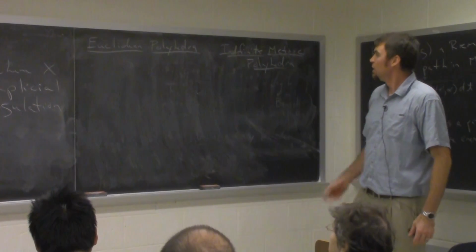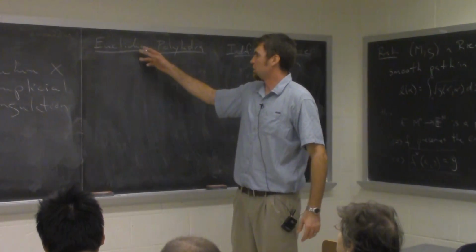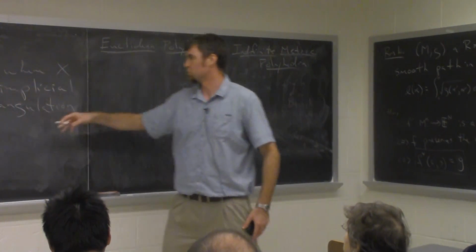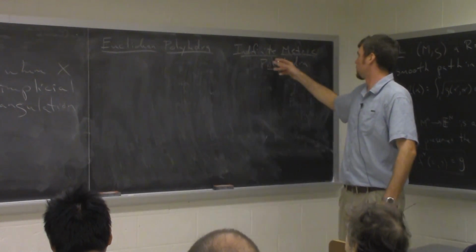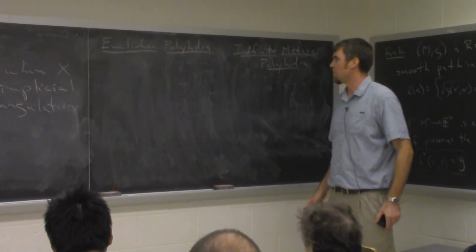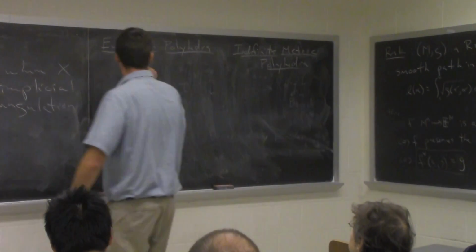Definitions are easy. This is supposed to be an analog to PL Riemannian manifolds, but of course they don't have to be manifolds, just simplicial complexes. And then this is going to be the analog to those indefinite metric tensors on manifolds, just a PL analog. And so what do you have in both cases here?